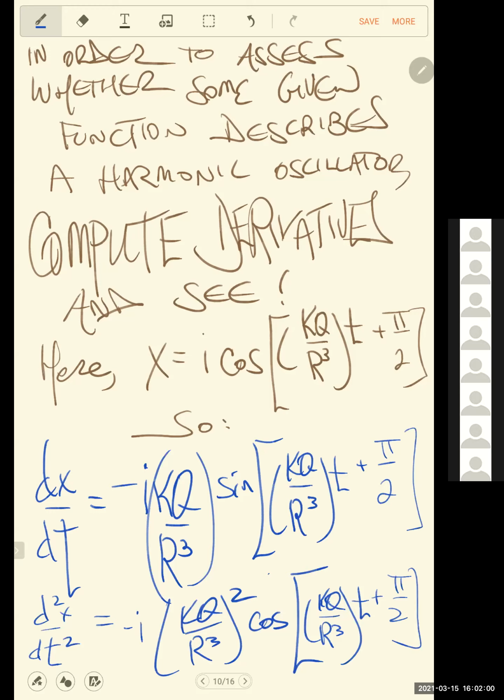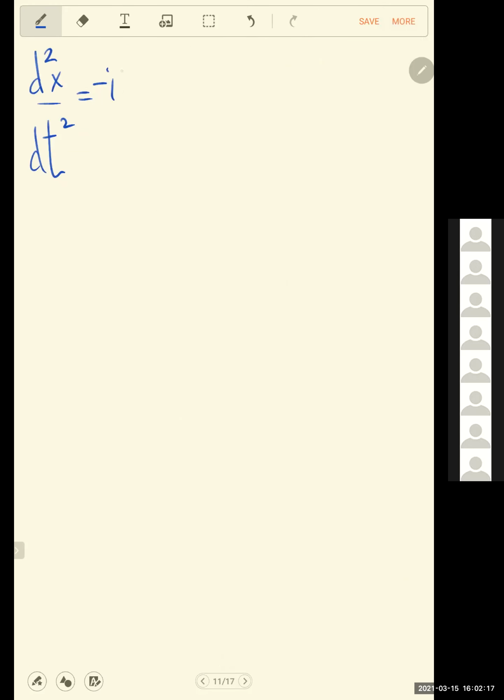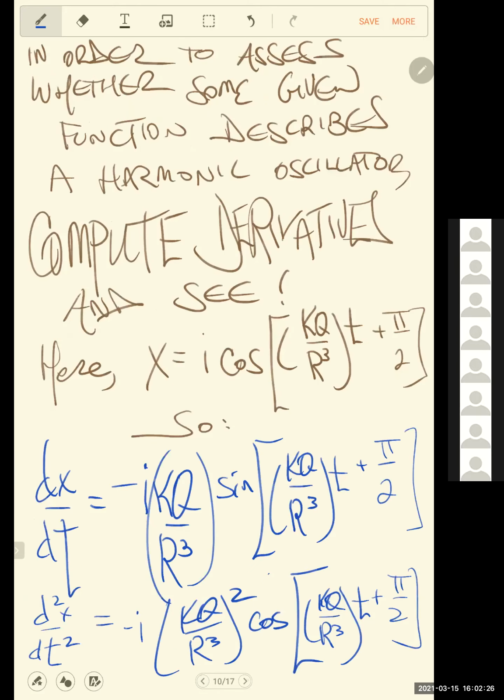I'm just going to recopy that on top of the next page and then do the next thing. It's starting to look complicated, right? But it isn't if you just look at it part by part.